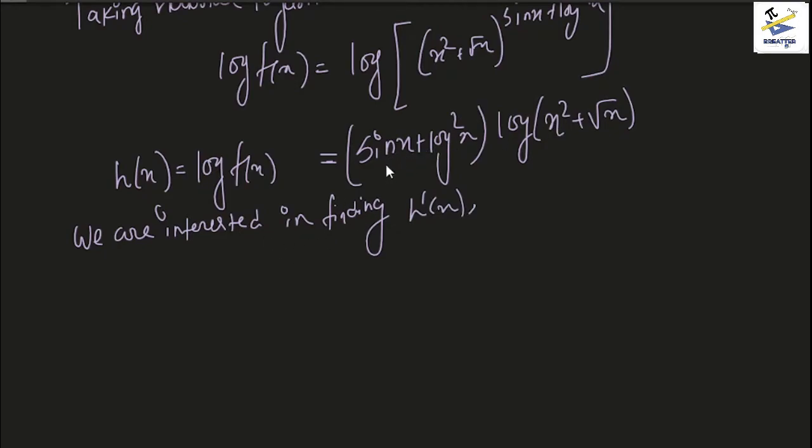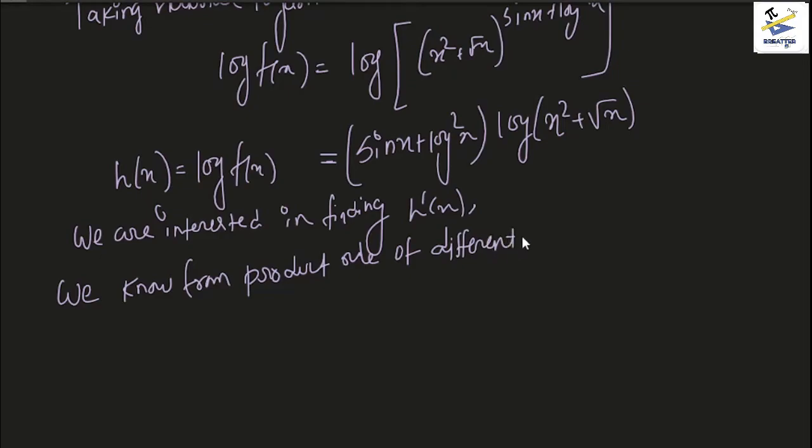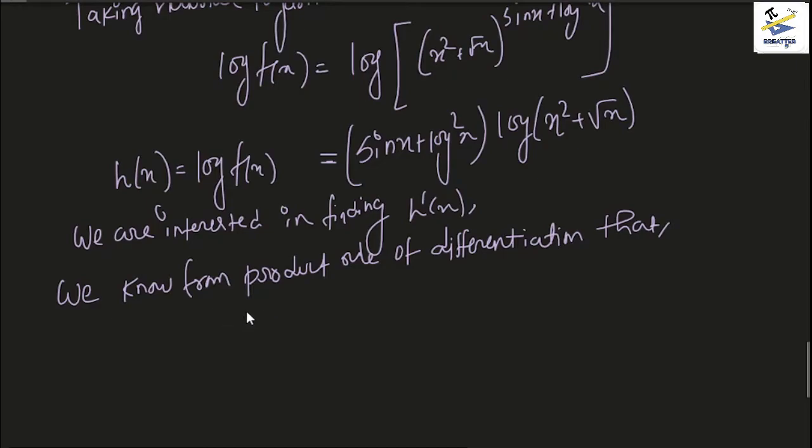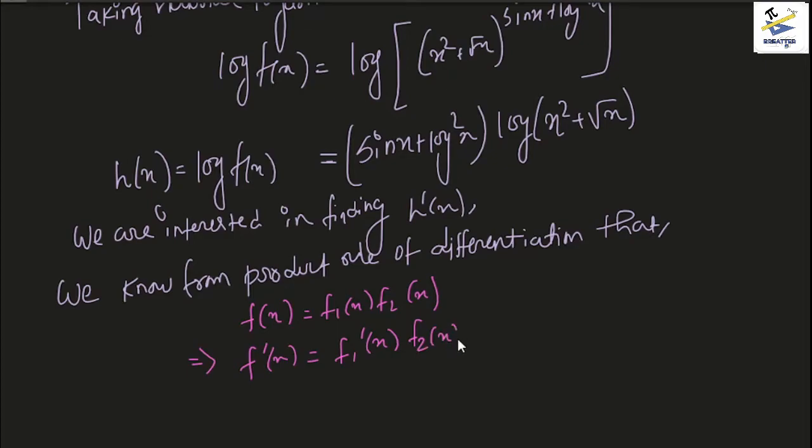So this is the function obviously, and it's a product of two functions, and we know from the product rule of differentiation that, so the product rule says that if f x is equal to f1 x into f2 x, then f prime of x would be equal to f1 prime x f2 x plus f1 x into f2 prime x.